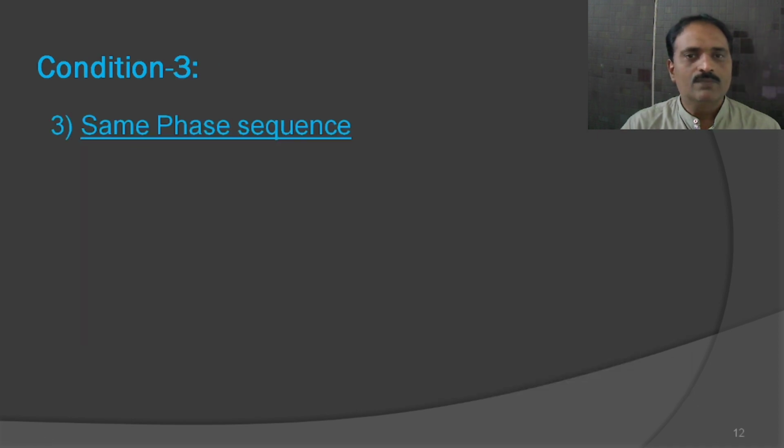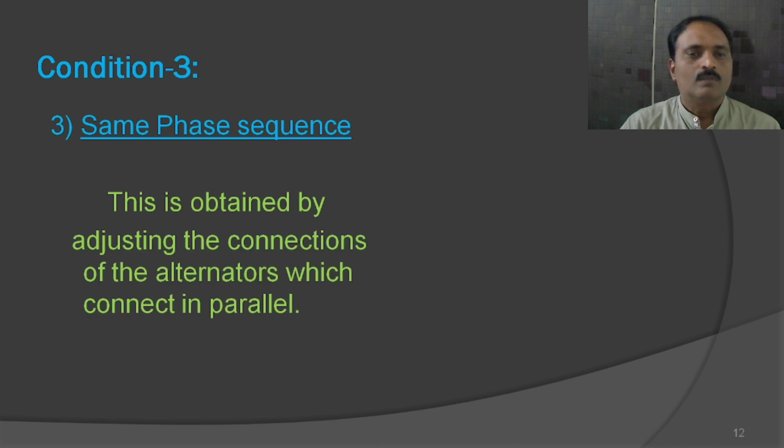And the third one is phase sequence. Already I told you the phase sequence can be of two types: one is RYB, another one is RBY. So whatever phase sequence is there with the bus bars, the same phase sequence is to be maintained by the incoming machine also. This can be obtained by adjusting the connections of the alternator to be connected in parallel.